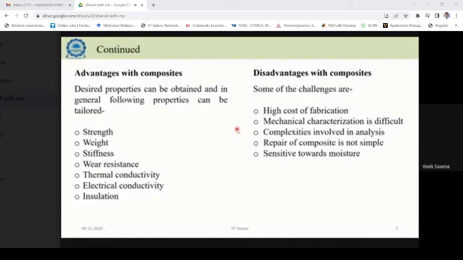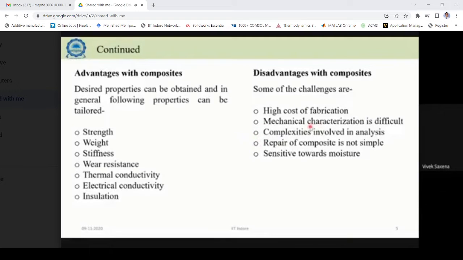Now, these materials also give us some challenges. There is still a very high cost of fabrication of these materials, and one of the most important things is that the mechanical characterization is very difficult. I mean to say that because these materials are made up of various different materials, and each different material has its separate property, to get an overall property, a very in-depth and complex analysis is required.